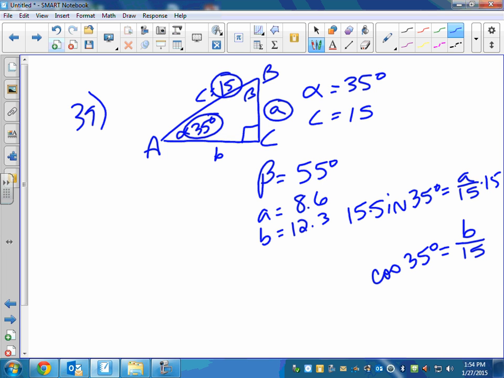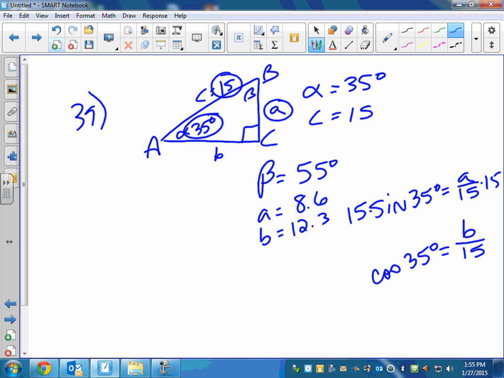But 43, really quick. 43, angle A, or alpha, is like 44.42 degrees, and angle B is 45.58 degrees, and the side that's missing is about 4.9, which is 2 radical 6. So you could find the missing side on 43, but we haven't talked about how to find the missing angles.